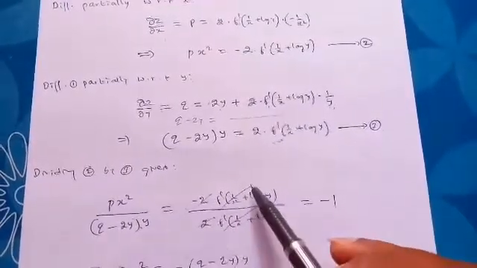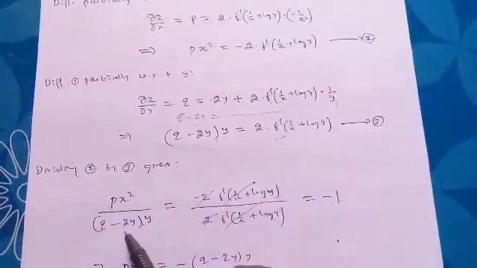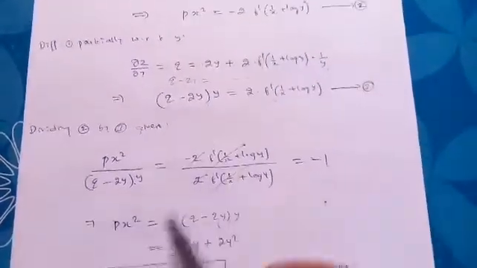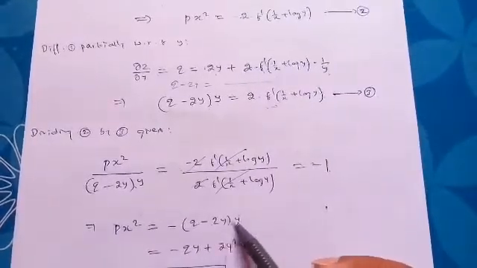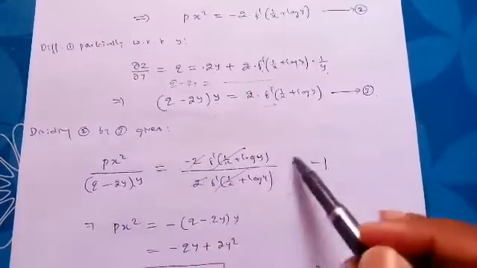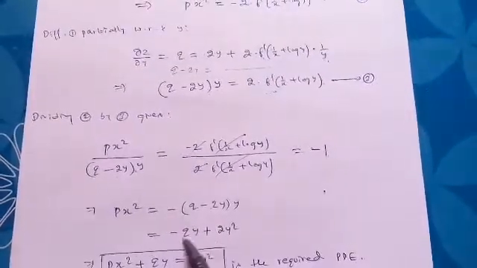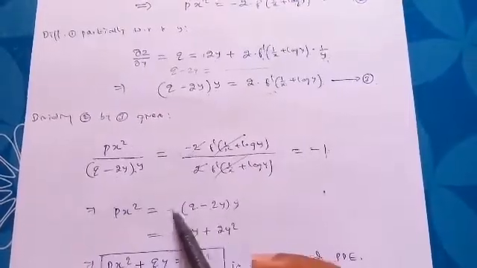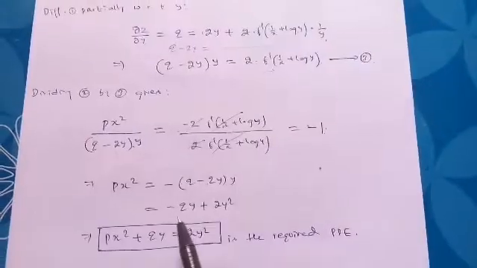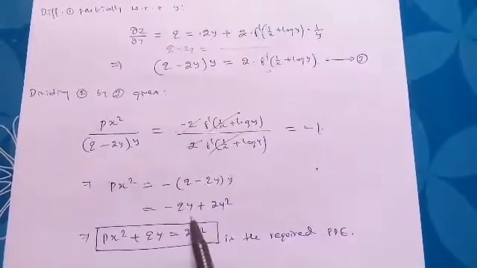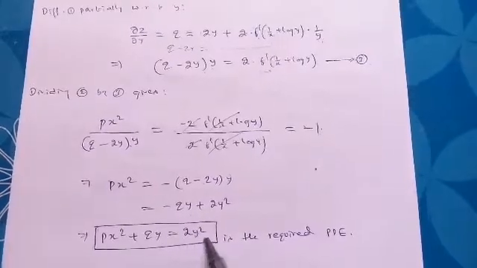Here 2 cancels, f dash cancels, only minus 1 remains. So cross multiply this term: p x square equals minus of q minus 2y into y. Multiply minus q y, and minus into minus gives plus 2y square, because y into y is y square. Transfer this term to the LHS: p x square plus q y equals 2y square.